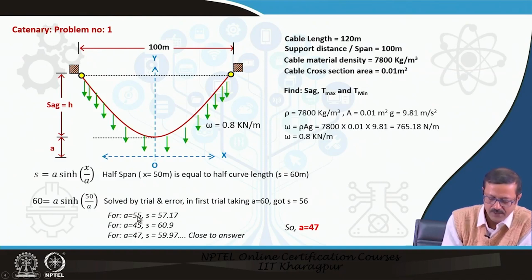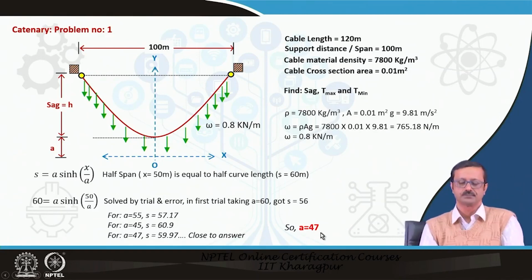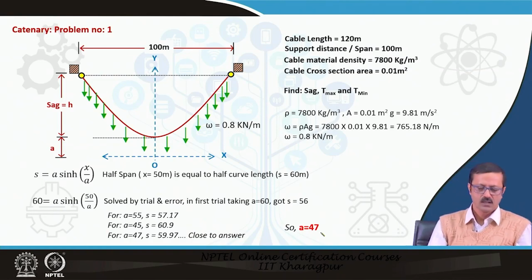I take 55 and got S equal to 57.5. My target is 60. Again I go back to 47, then I got 60.9. It is very close to 60, but still I am not very happy. So I go for a equal to 47 and got 59.97, which is very close to 60. So I say that a equal to 47. It is a trial and error that you have to do.